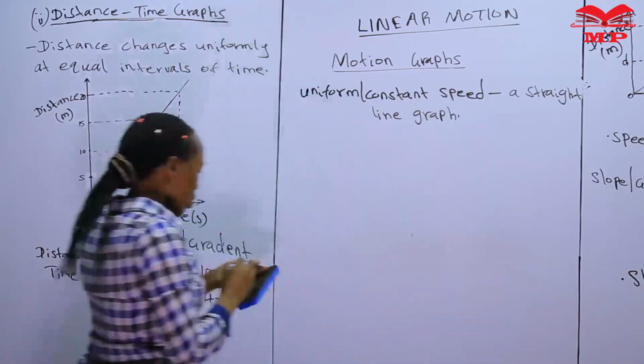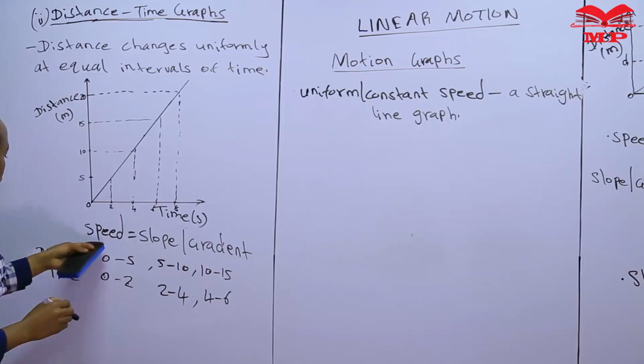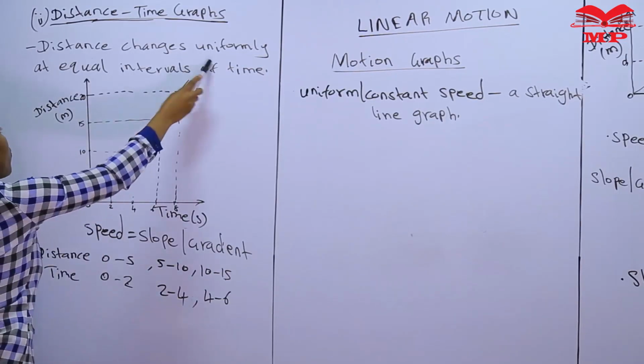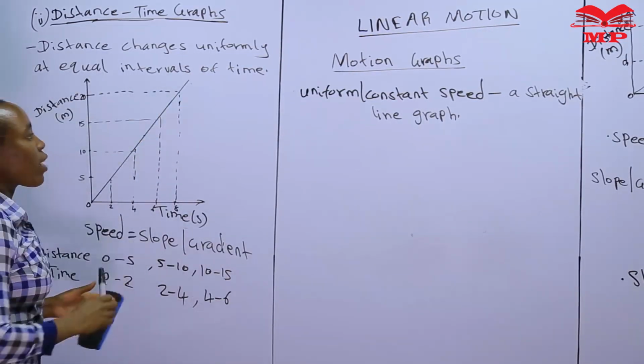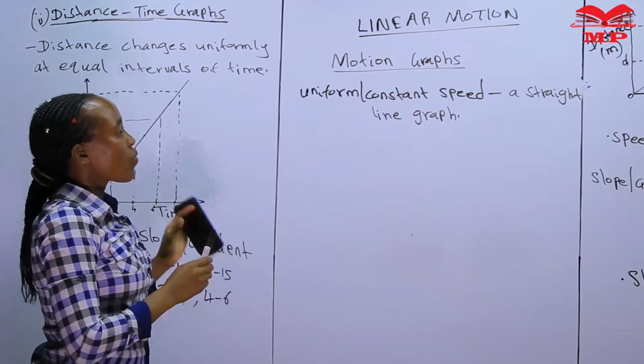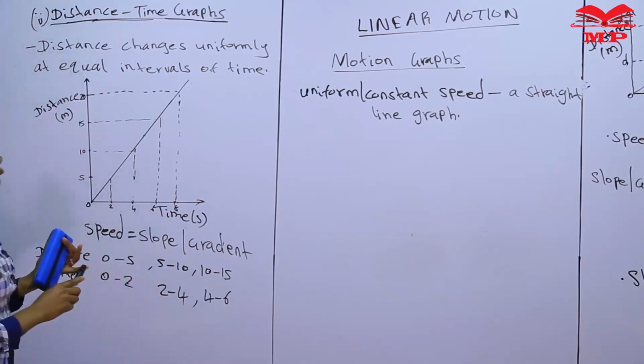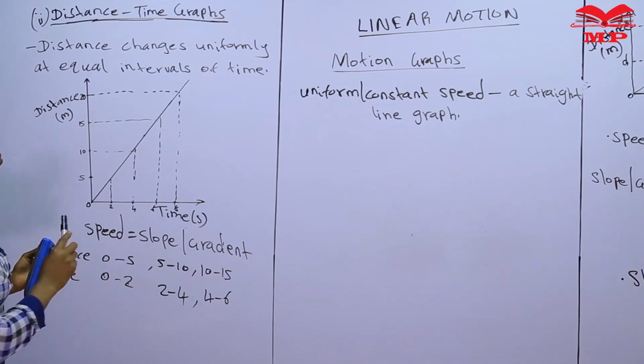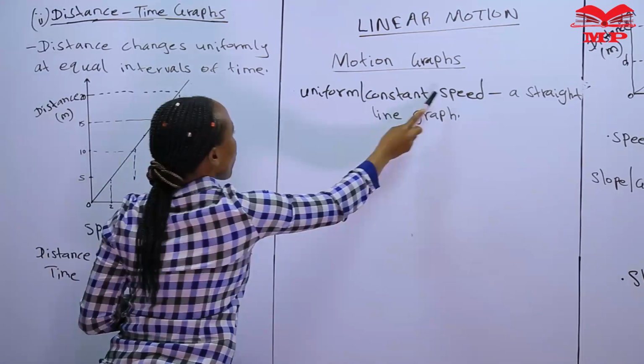You can see the reason why that's happening: the distance is changing uniformly at equal intervals of time. So we've covered the stationary body, and a body that is moving at a constant or uniform speed.